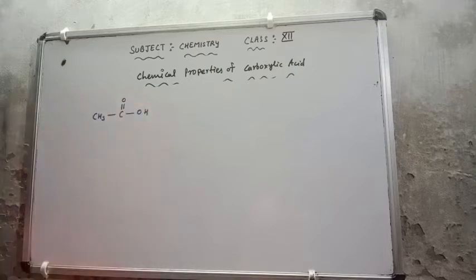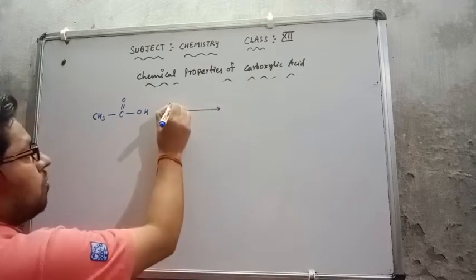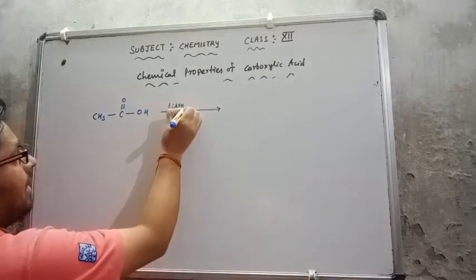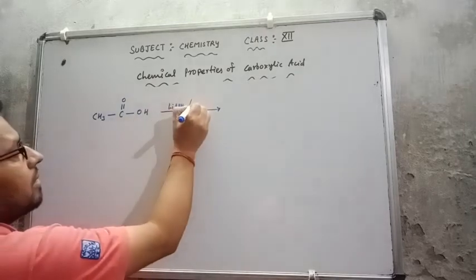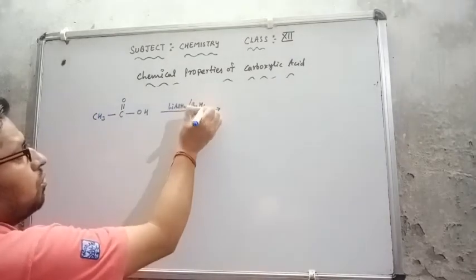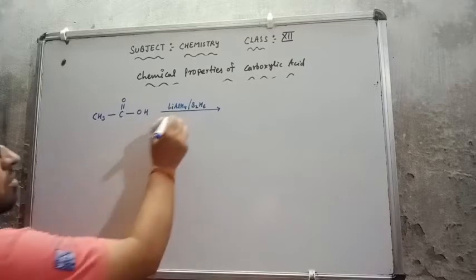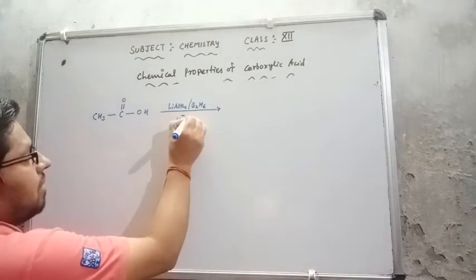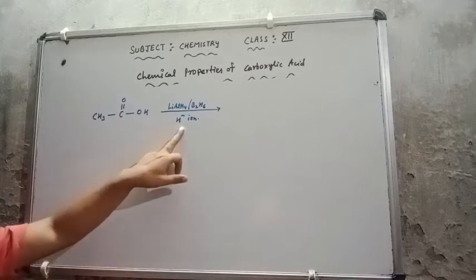Now it is reduced in the presence of lithium aluminium hydride, LiAlH4, or you can take B2H6. Simply here, in lithium aluminium hydride, hydride ion is available. Everyone knows that on the hydride ion, the negative charge is present on the hydrogen.